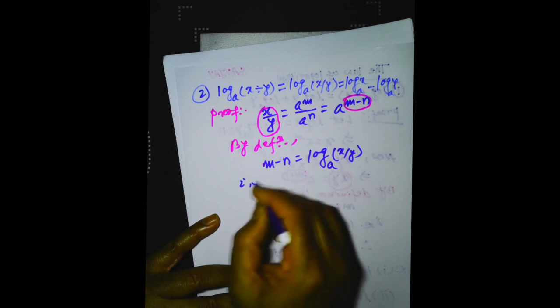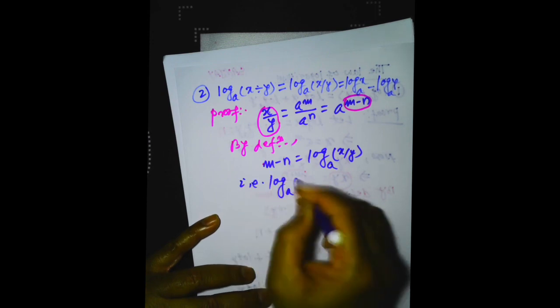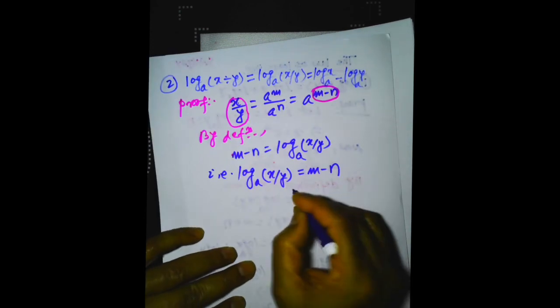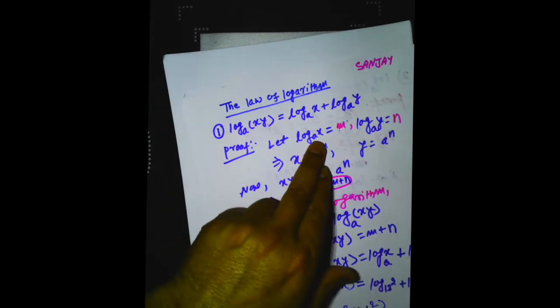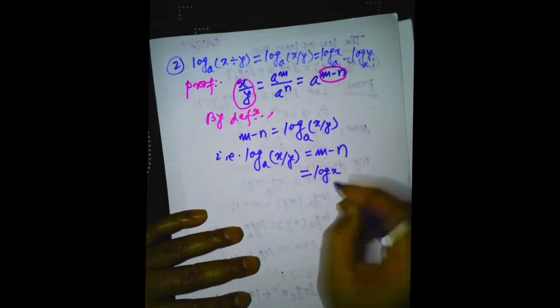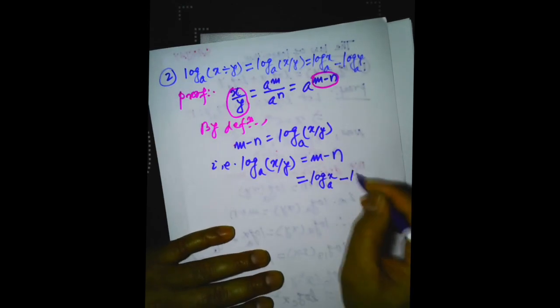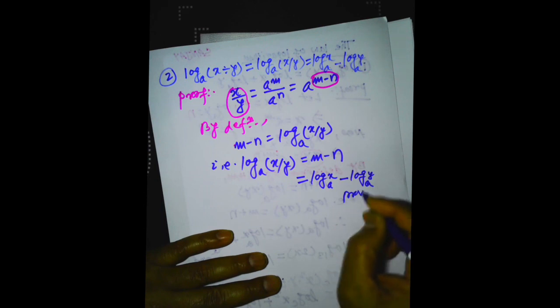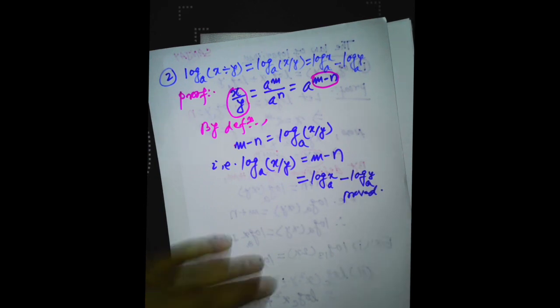So we now have log base a of x by y equal to m minus n, and m is, you can see again here, log x to base a, minus n, which is log y to base a. And hence this is proved.